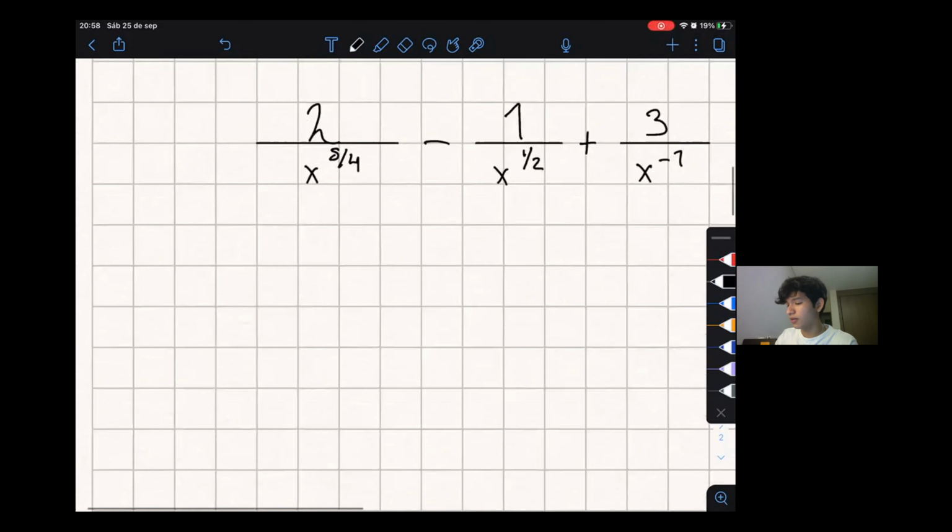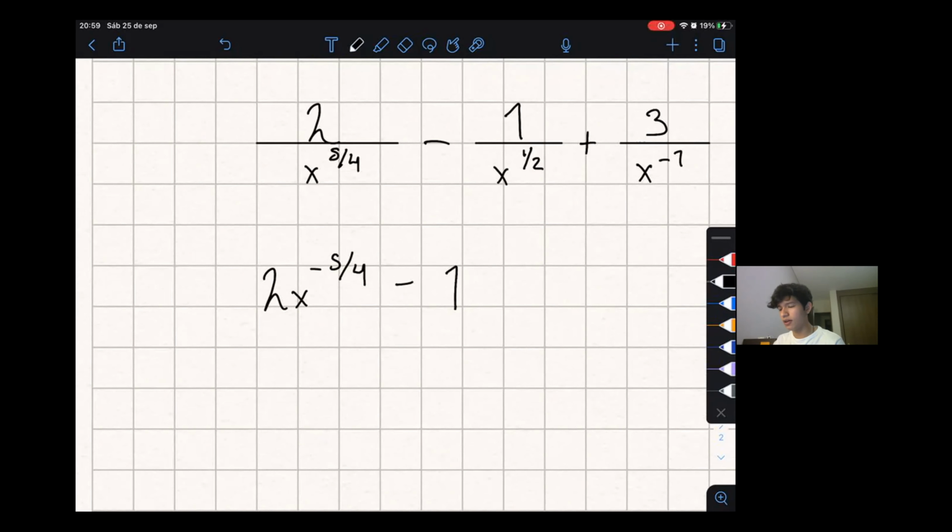For this, we basically take the x raised to the 5 over 4 and convert it to negative and put it with the 2, which is equal to 2x raised to the minus 5 over 4, minus 1.